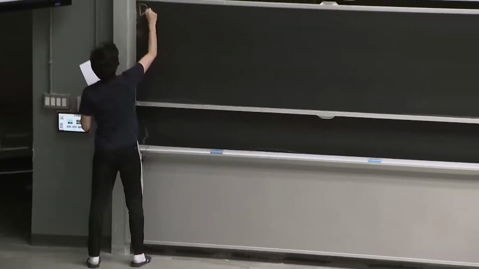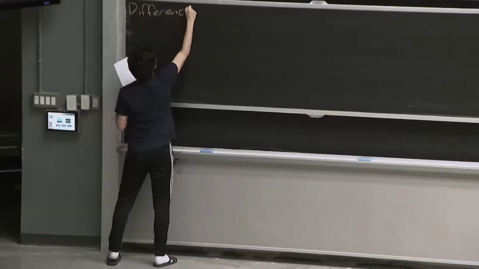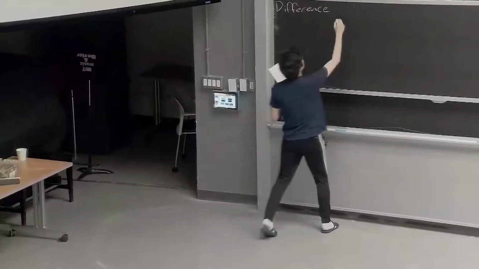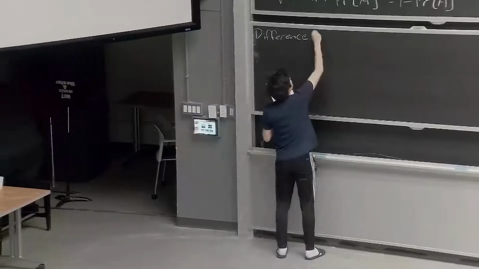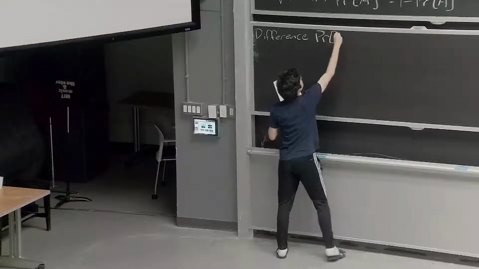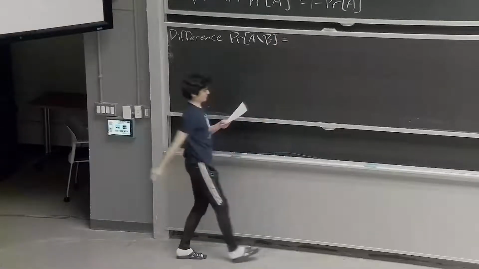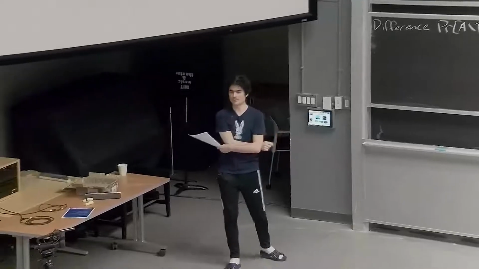What else do we have? The difference rule. Okay, so in this case, suppose we have, again, two events, A and B. And this time, we'd like to look at the difference, A set minus B. What do we think that might be in terms of the probabilities of A and B?